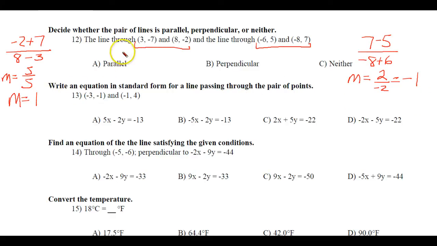No. So the lines are not parallel. When we multiply the slopes, does that give us a product of a negative 1? Well, 1 times a negative 1 is a negative 1. If that is true, then the lines are perpendicular. And that's what we have here.